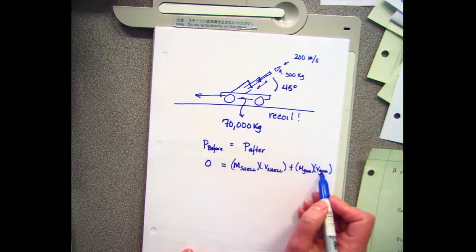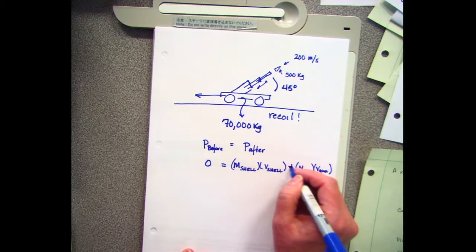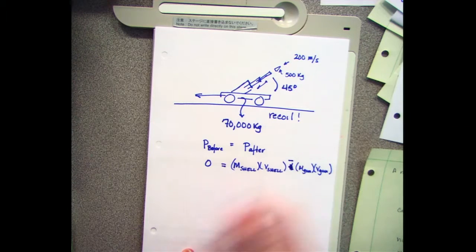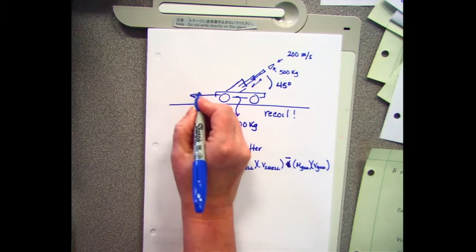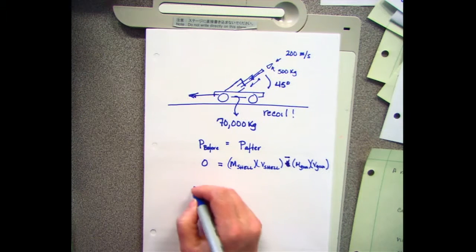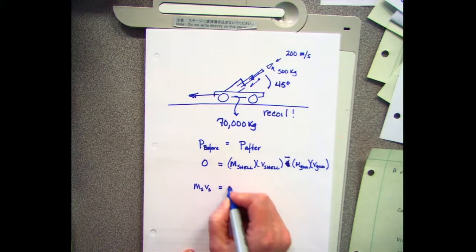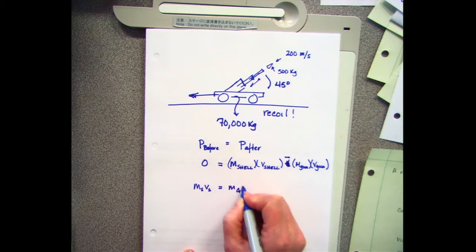Now, we know that this is going to go in the other direction in order to have everything move out, so this actually has to be negative because I'm ultimately going that direction. So I'm going to end up with the mass of the shell, velocity of the shell is going to equal the mass of the gun, velocity of the gun.